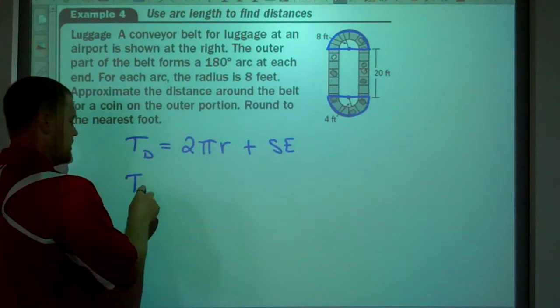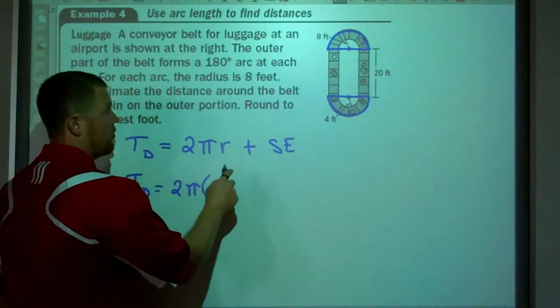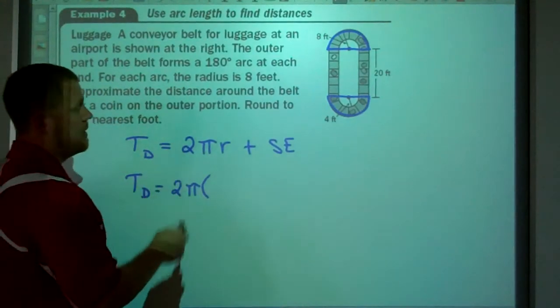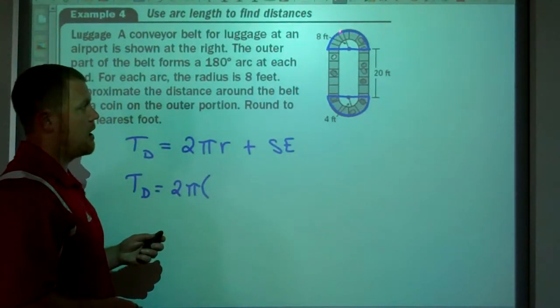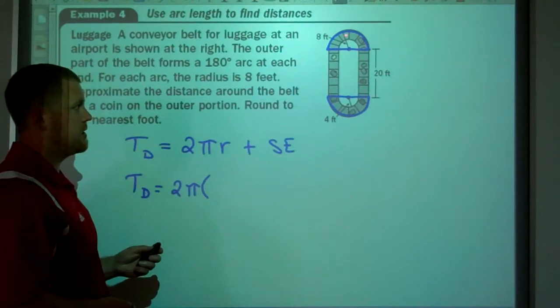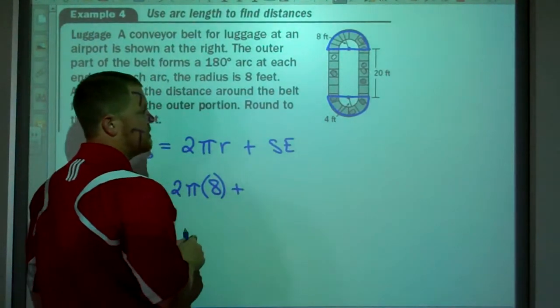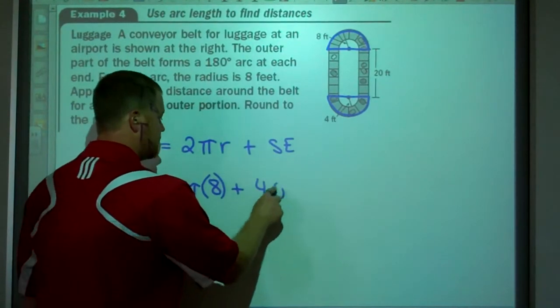So the total distance is going to equal 2 pi, and the radius of our circle is 8, because it's going to the outer edge of the circle, not the inside. That would be the radius to the inside. We need the radius to the outside. So the radius is 8, plus the straight edges is 40.